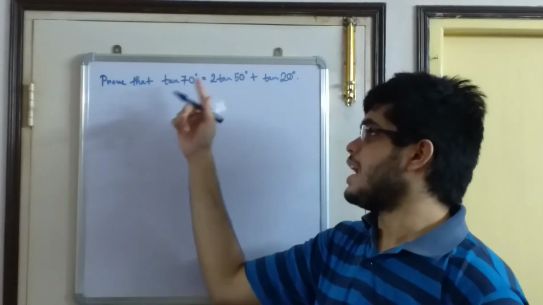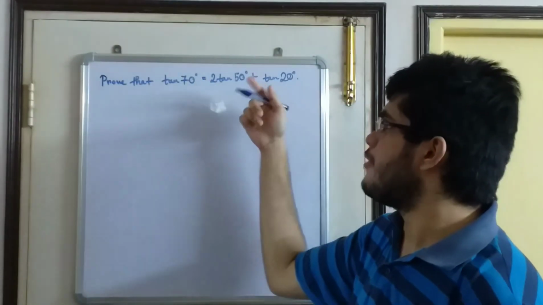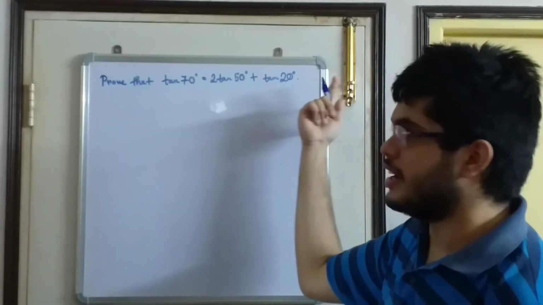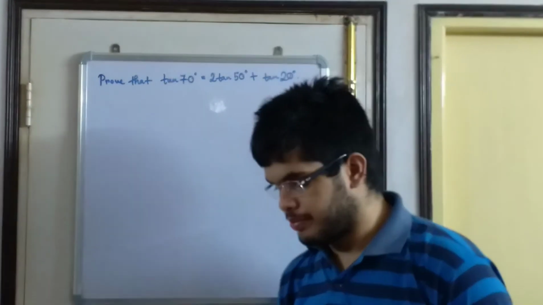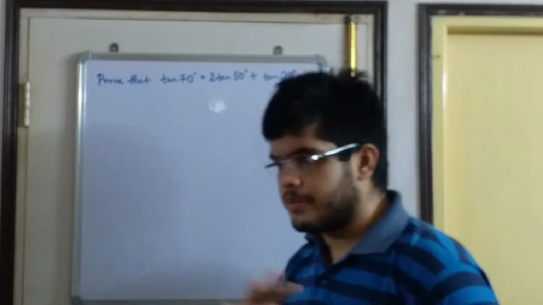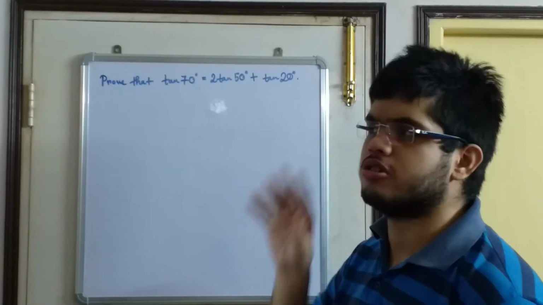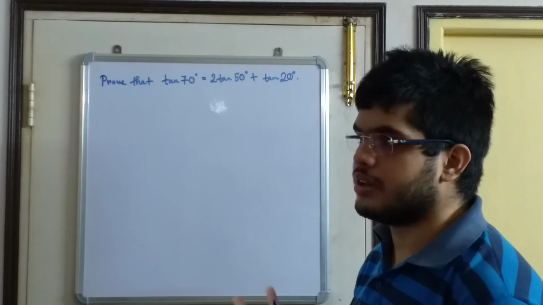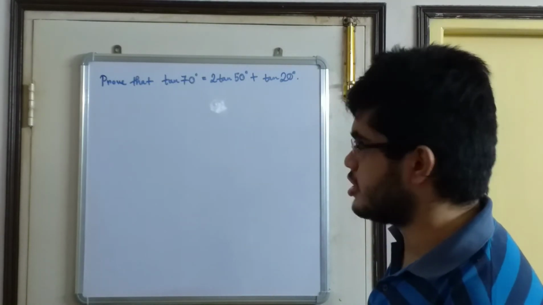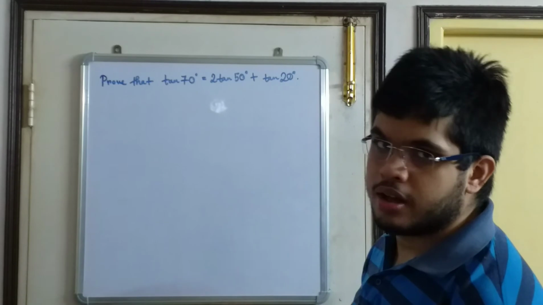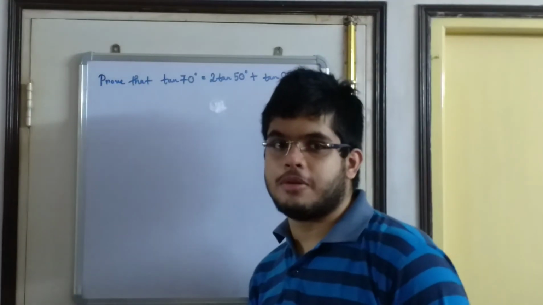Prove that tan 70 degree is equal to 2 tan 50 degree plus tan 20 degree. Prove it. You have to use only the compound angles formulae, and if necessary those basic formulae or the reciprocals thing which I told you at the beginning of the chapter. So pause the video and complete the challenge. Meanwhile, I am also giving you the solution.